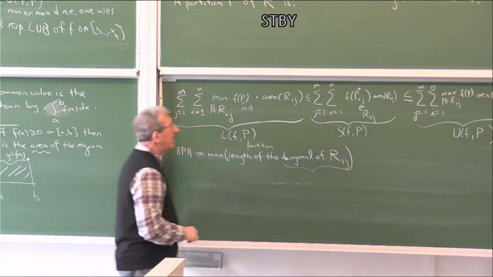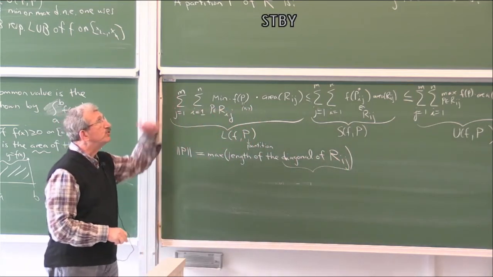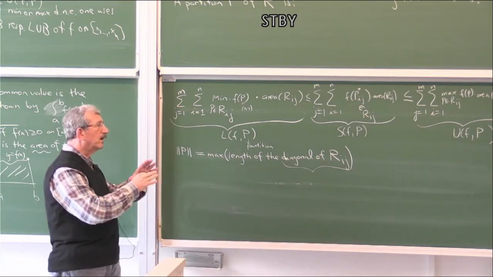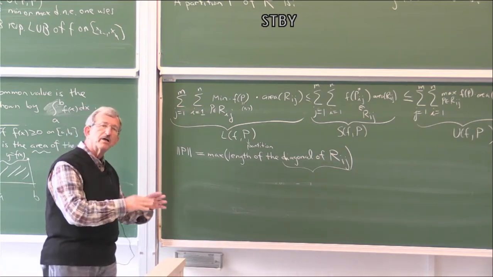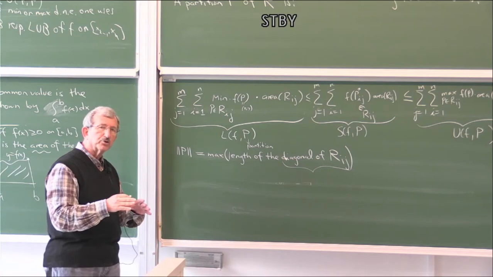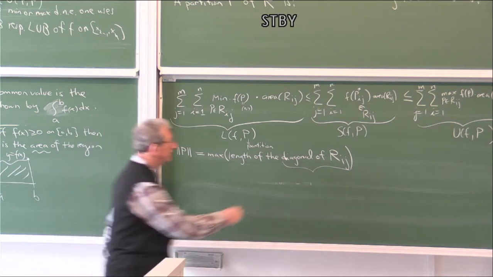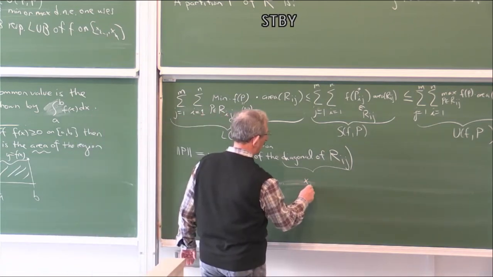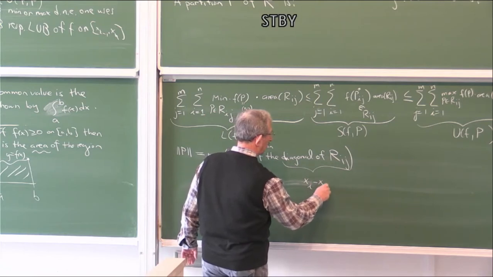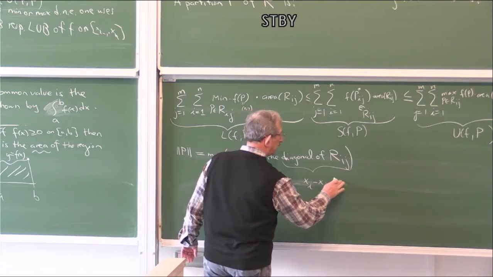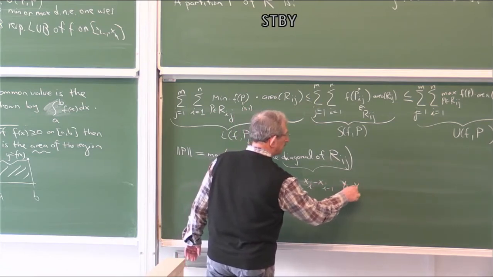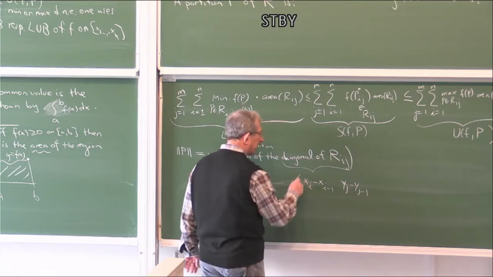Remember, Rij was from the picture up there, okay? xi minus xi minus 1 is one side, and yj minus yj minus 1 is the other side.